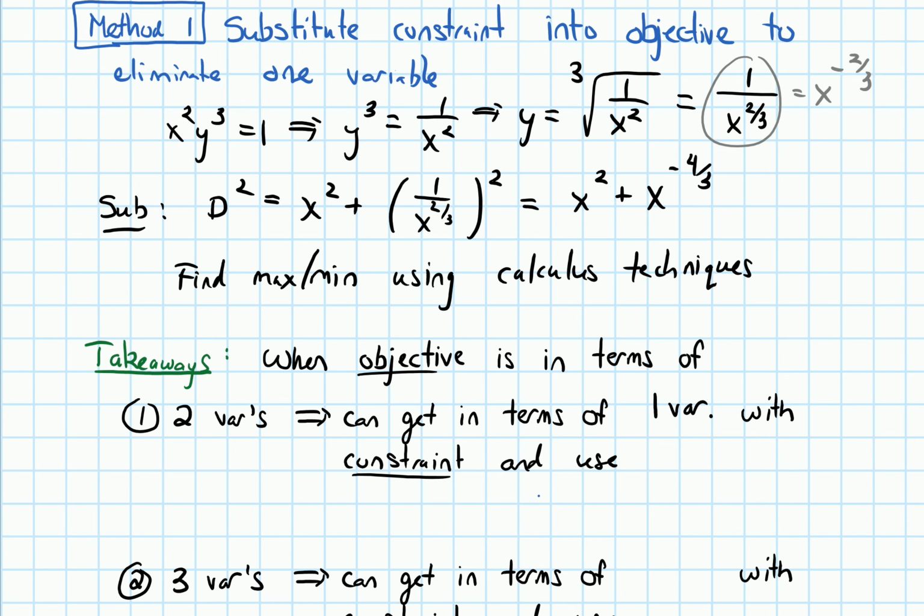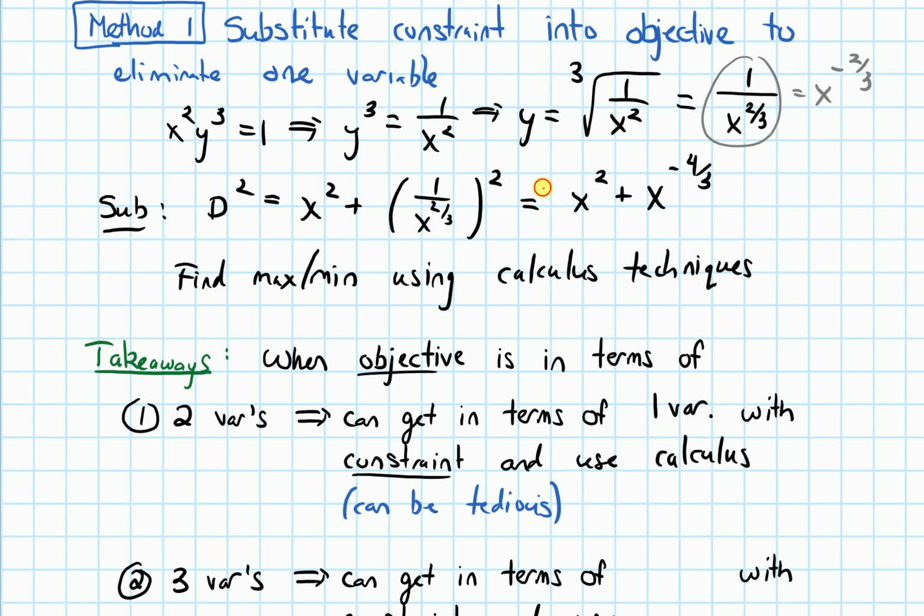After we do that, we would use calculus: take the derivative, find critical points, and test those critical points to see if they give us a max or min. This method can work, and if we did it for x squared plus x to the negative 4/3, it would give us an answer. But depending on our objective and our constraint, this can be quite tedious.